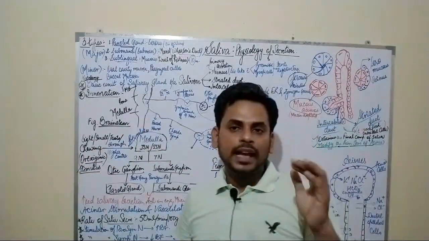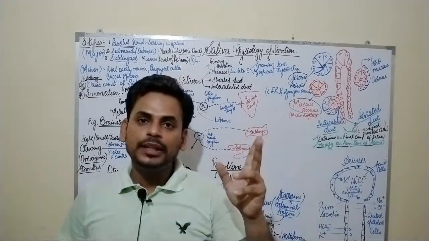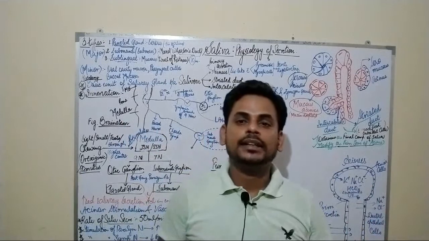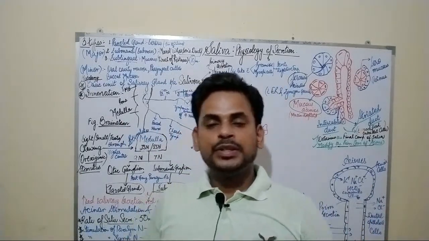So students, the salivary gland is supplied by both types of the autonomic nervous system, that is the parasympathetic and the sympathetic nervous system.